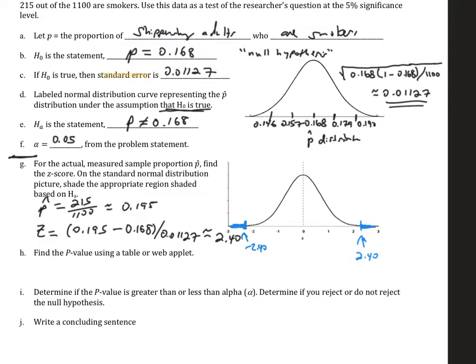Being unusual in terms of the z-score is just being a certain distance away from 0. So if you wanted to say who else is that unusual, it could be that unusual and bigger or that unusual and smaller. It's like in class, when we say someone has an unusual height, that would include both being short or being tall, as opposed to just saying someone is unusually tall or unusually short. If you said someone's height is unusual, you could mean either short or tall, and we'd want to consider both possibilities. So that's what we're doing here when we do the two-tailed p-value. To figure out what this is, all I need to do is look up in my table.